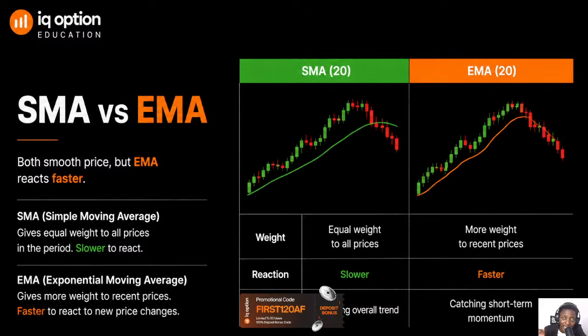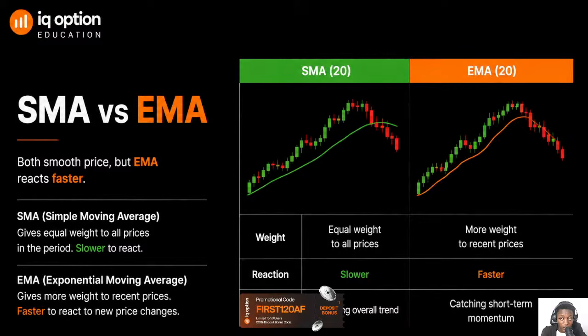You can see that the exponential has already bent, but the simple moving average bends a little bit, and it is just not going down. And so that's why you're going to be using the exponential moving average, because the SMA reacts slower and the EMA reacts much faster. And so that's what we're actually talking about.